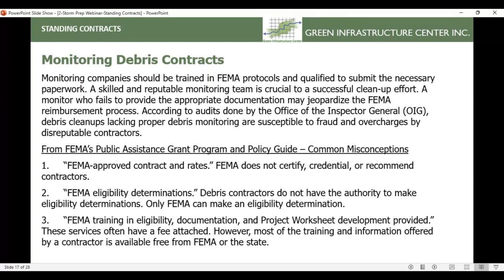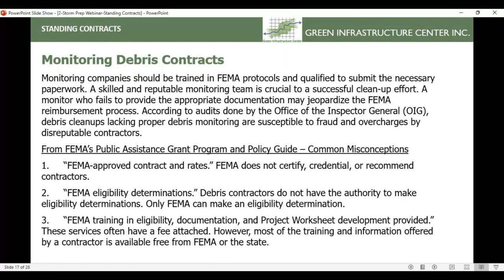Of all the contracts, the monitoring contract is one of the most important, because if the monitoring is not done adequately, that could jeopardize potential reimbursement. According to audits done by the Office of Inspector General, debris cleanups lacking proper debris monitoring are susceptible to fraud and overcharges by disreputable contractors.